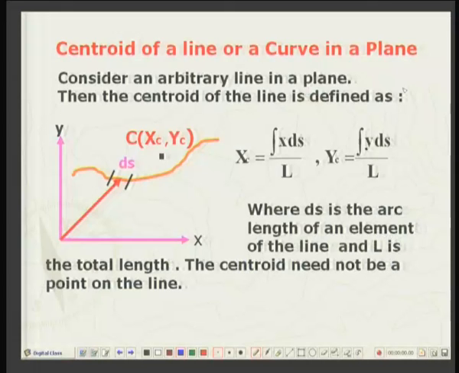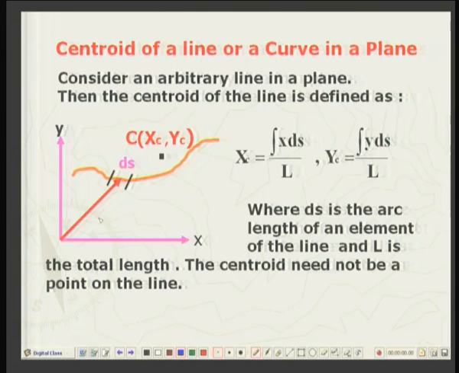So here, for example, we have a curve, and a small arc length of this curve, of length ds, is shown over here. The position vector of the center of this small length ds is vector r. Okay.